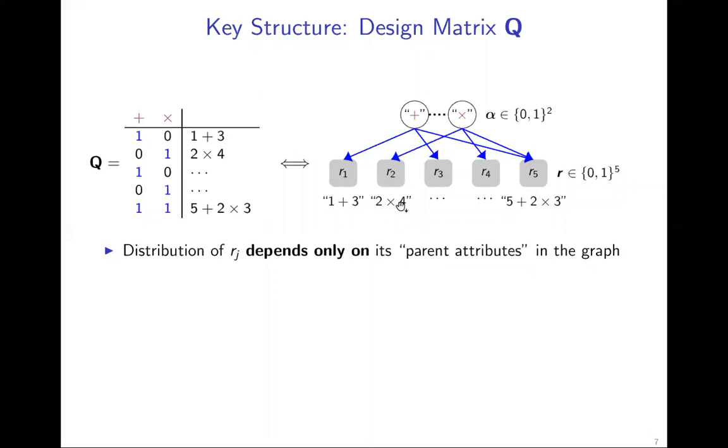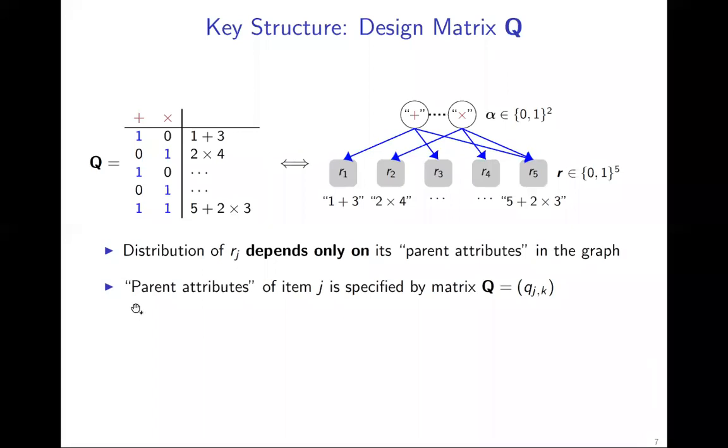The key statistical property of the family of latent attribute models can be summarized in this key sentence. That is, the distribution of each observed Rj will depend only on its parent attributes in this bipartite graph. To understand this, that is merely saying each student's response to this first item will only depend on whether the student masters addition, but does not depend on whether the student masters multiplication.